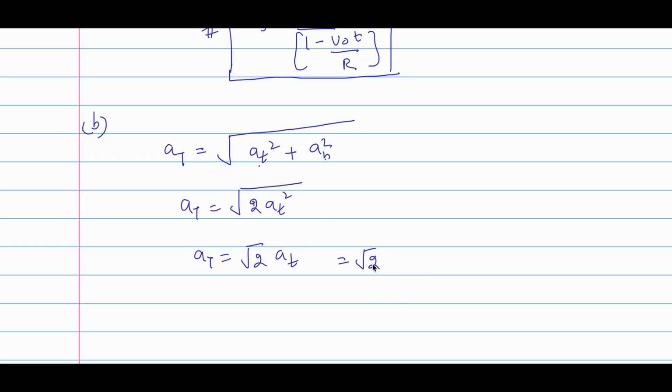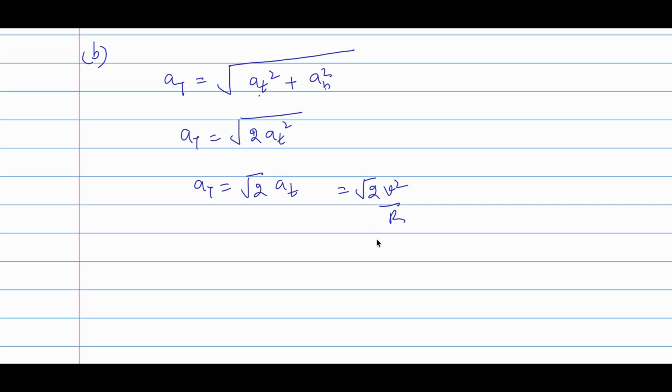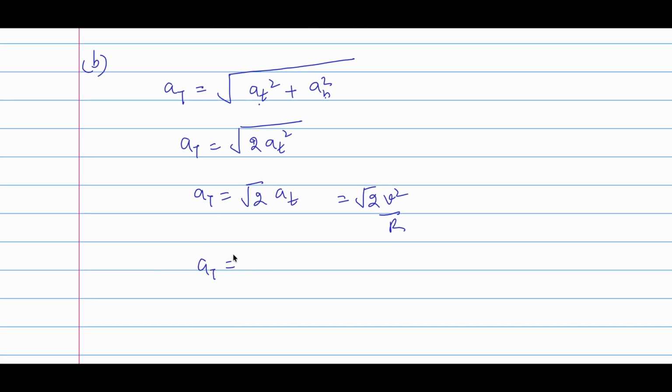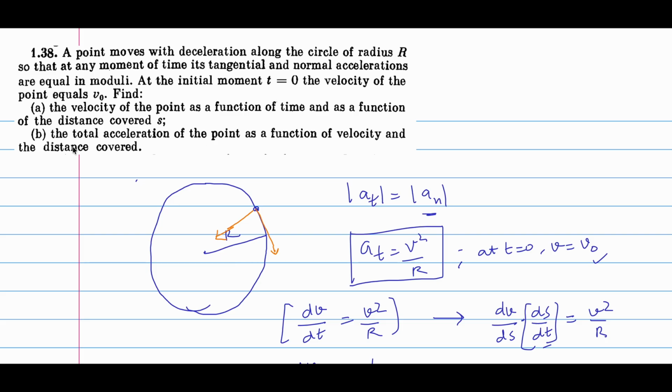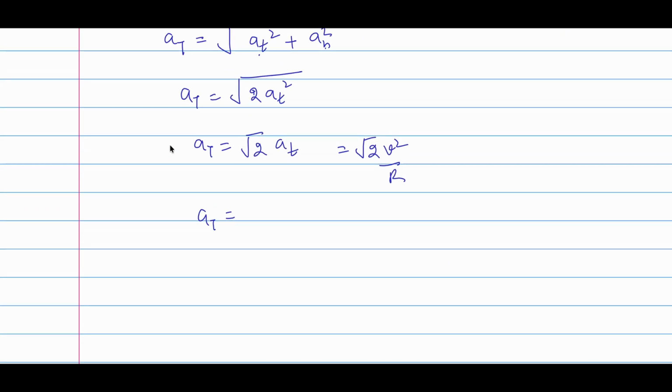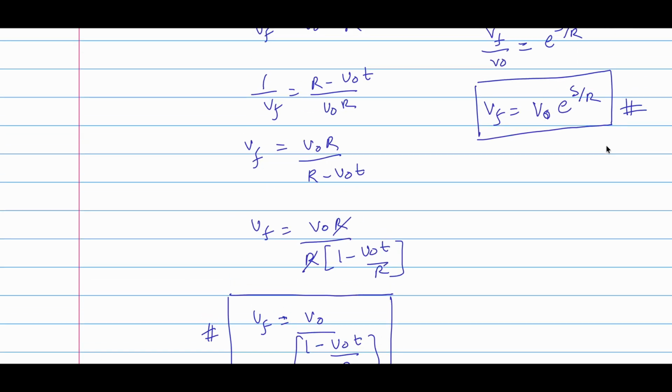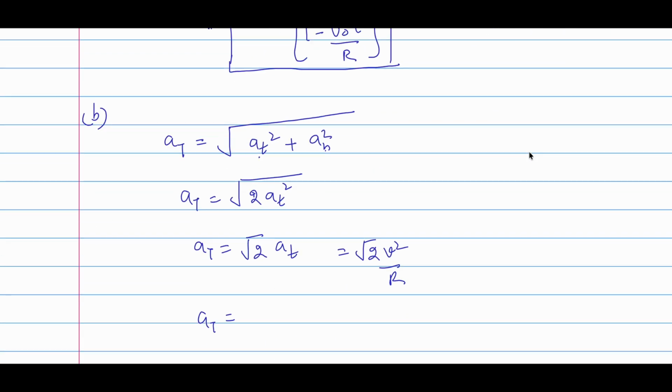Which will be equal to root 2 times v square by r, where a tangential is v square by r, and in place of v we need to write it as a function of velocity and distance covered, right? So we can write v square using the expression that we got, v final is equal to v naught e to the power s upon r.